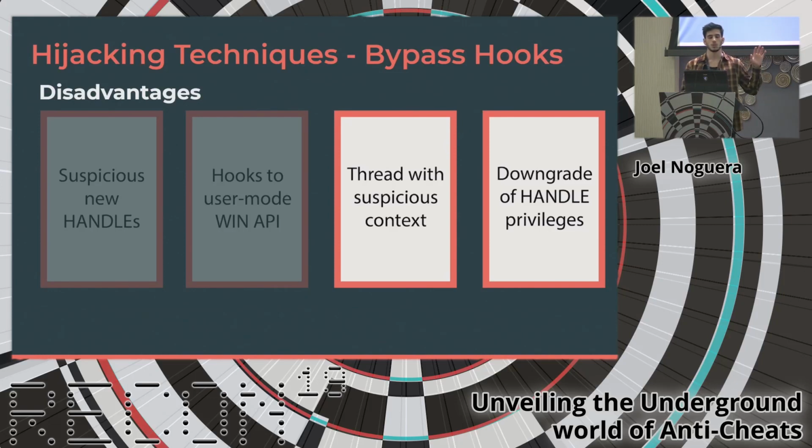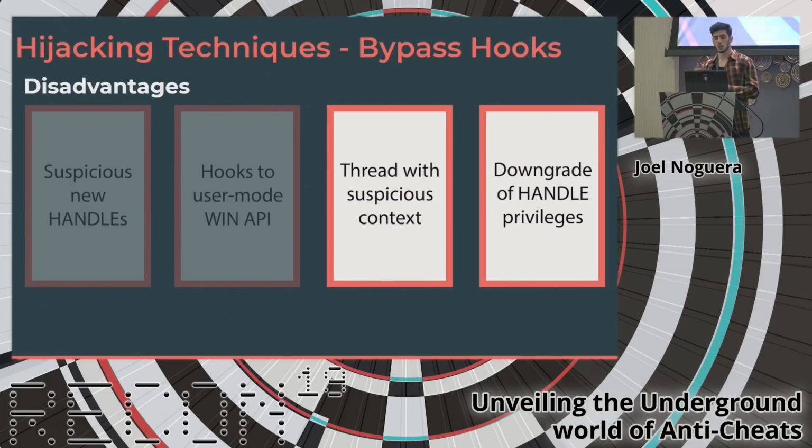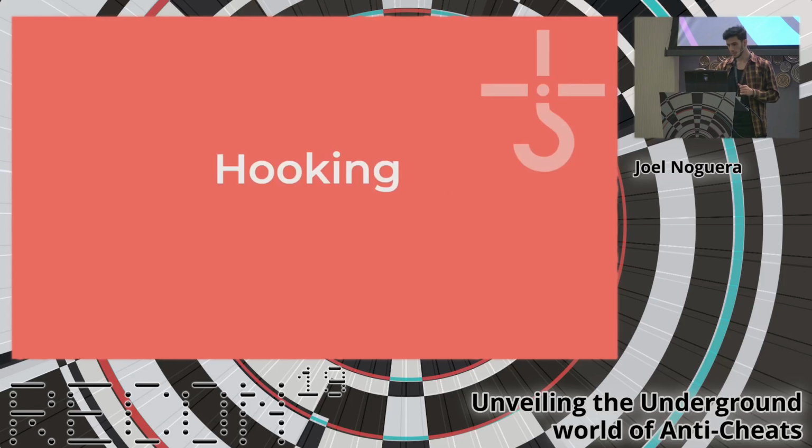Now I want you to keep these 2 problems in mind, because I want to show you a different technique that will help us understand how we could bypass both. Hooking, right?